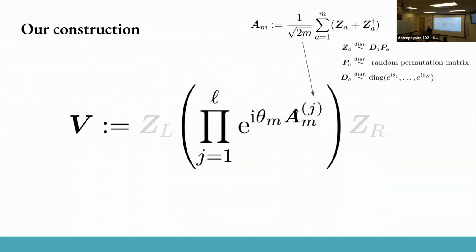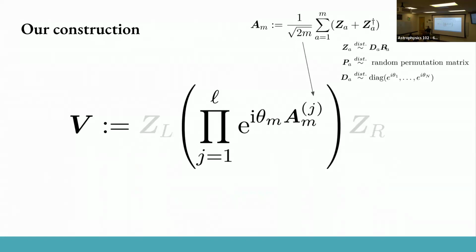These A's are normalized sums of signed permutations. The first thing is we take Z_A and we add its complex conjugate so that this is a valid Hermitian Hamiltonian that we can simulate. And this Z_A is distributed as a diagonal matrix times a permutation matrix.